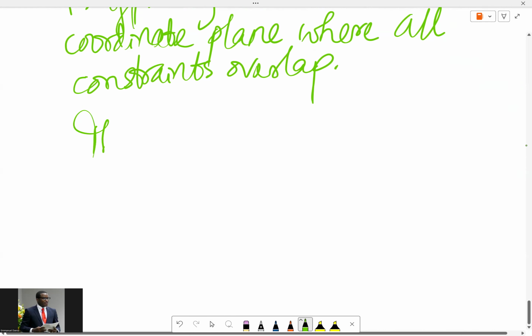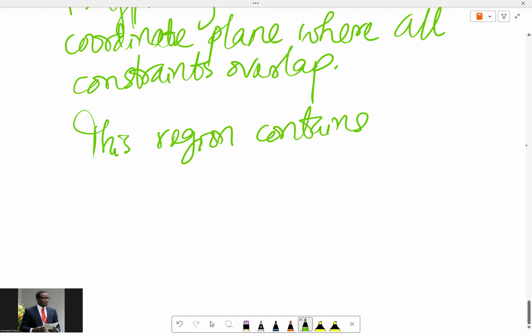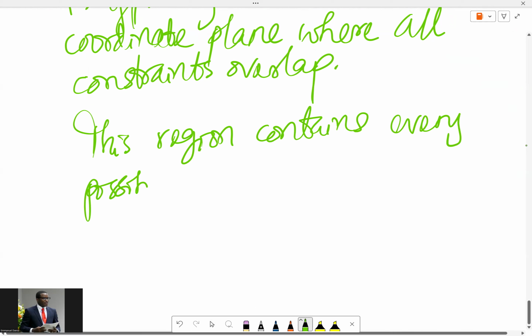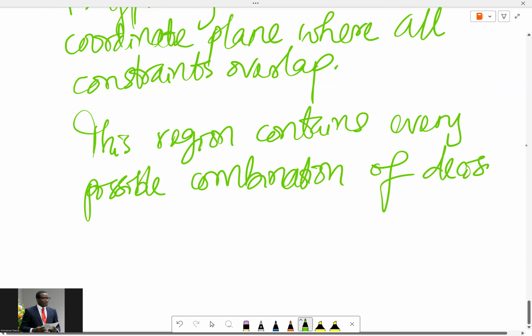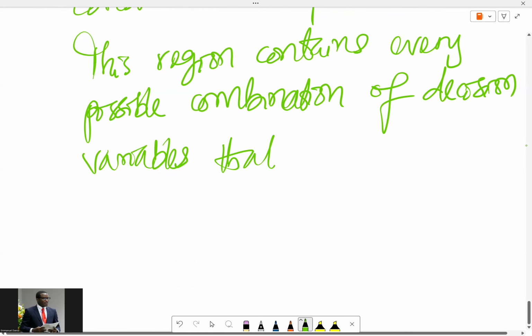So this region contains every possible combination of decision variables that meet the restrictions.